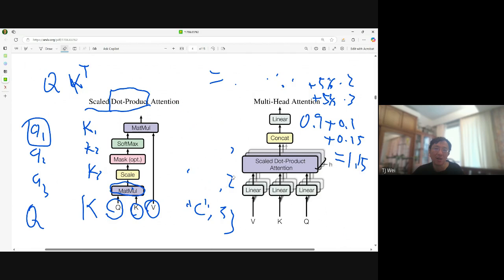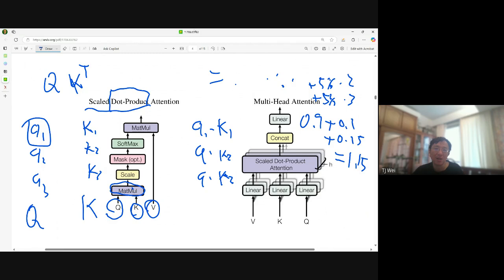So we have 3 different values. Let's just call it Q: Q dot K1, Q dot K2, Q dot K3.